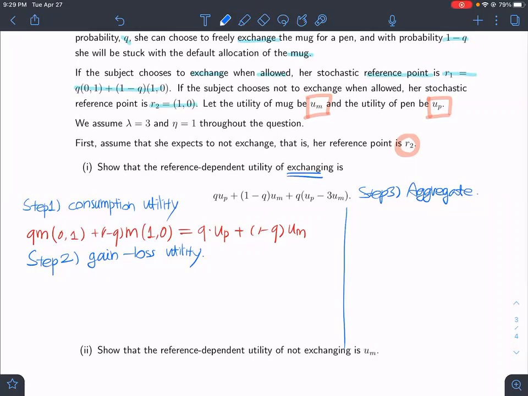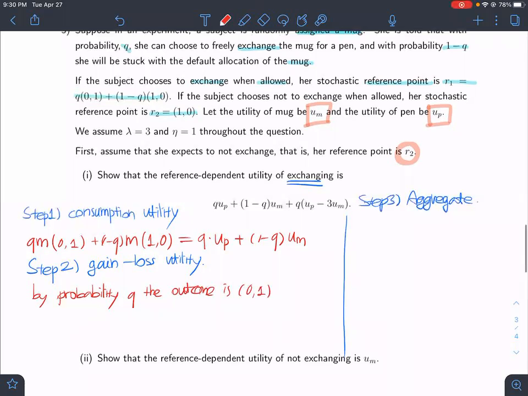So by probability Q, the outcome is (0, 1). However, my reference point is (1, 0).